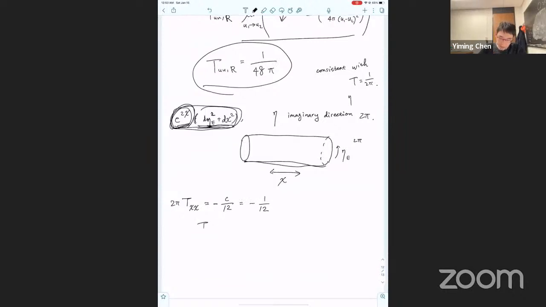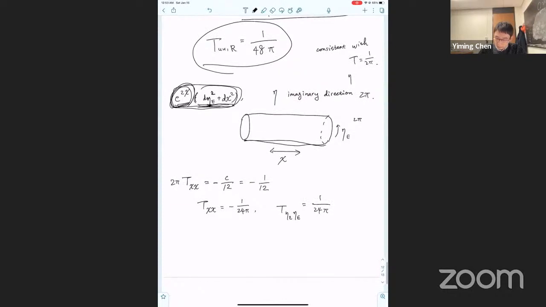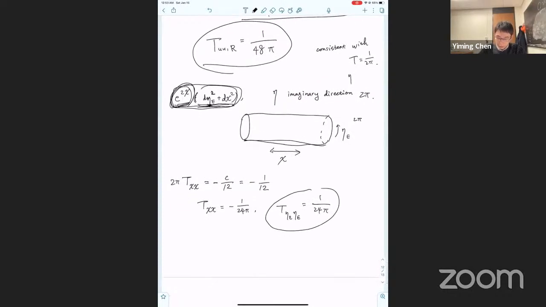So T chi is minus 1 over 24 pi, and T eta Euclidean will be 1 over 24 pi, because the trace of the stress tensor should be 0. Just from these and analytic continuation to Lorentz signature, you get T eta should be 1 over 24 pi minus 1 over 24 pi.